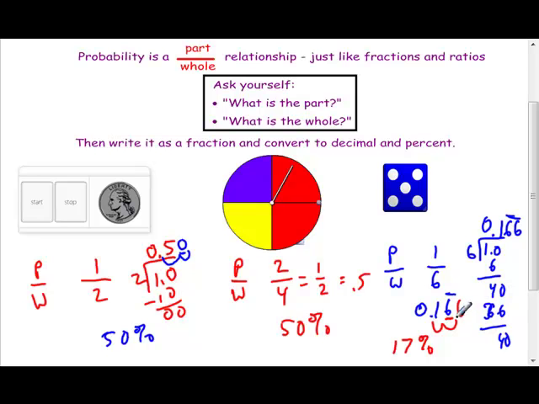That's why I'm rounding up: if I look at the number right next to it, I have 16.6, and that means 5 or more raise a score. I have to actually turn that into 17% to be a little more accurate, so 17%. And that's how you find the part, you find the whole, write it as a fraction, convert it to a decimal, then a percent.